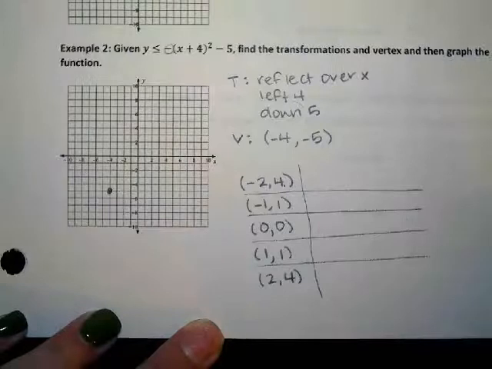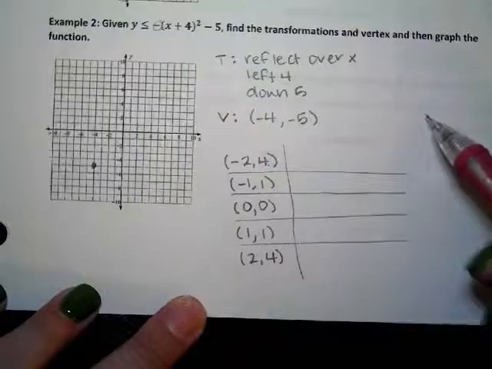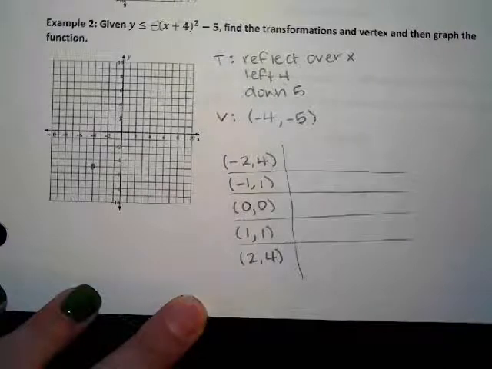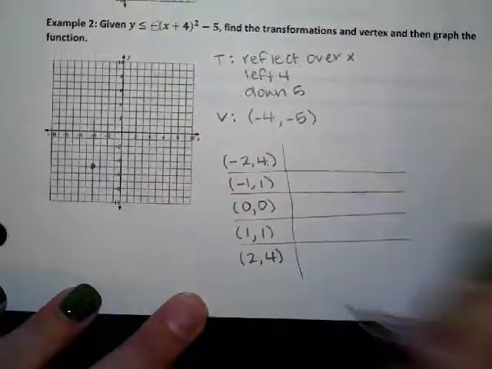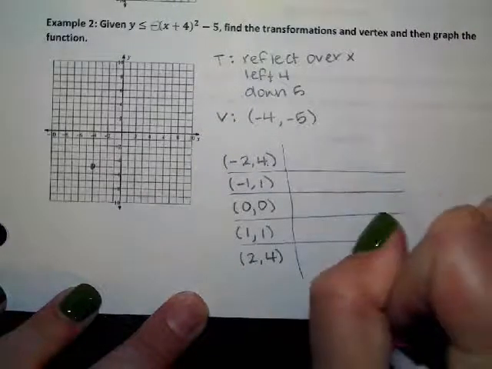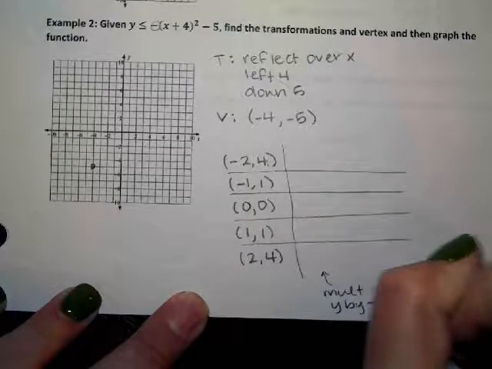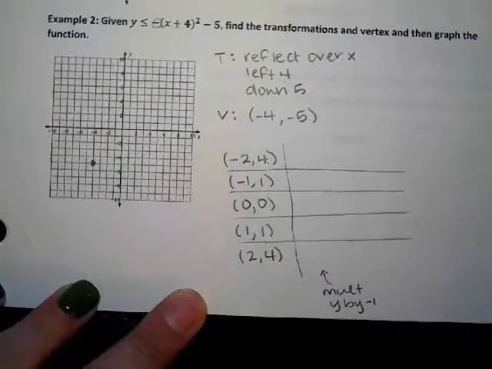So how do we do the transformation reflect over x for the points? Okay, so we're going to multiply y by negative 1.